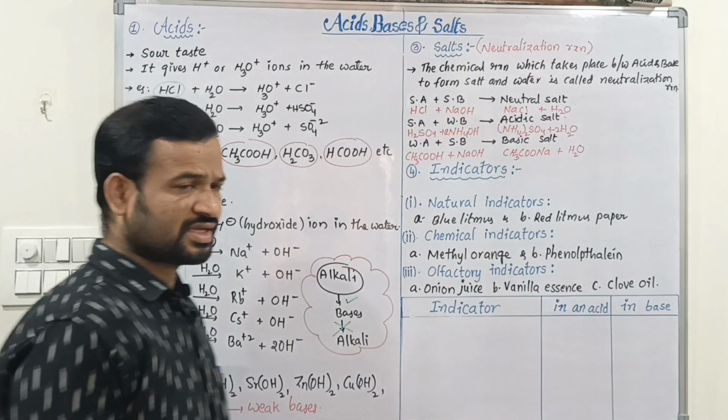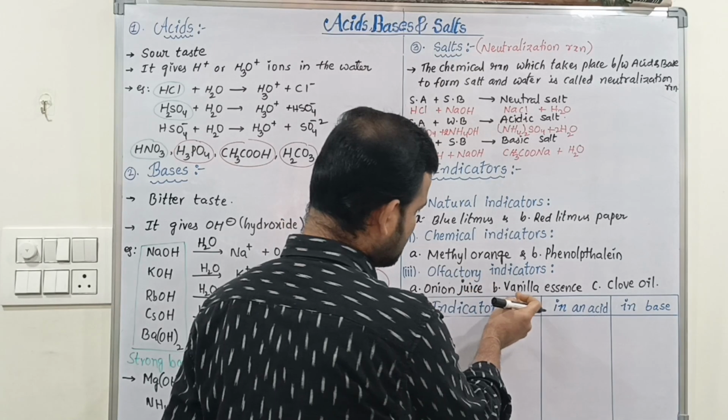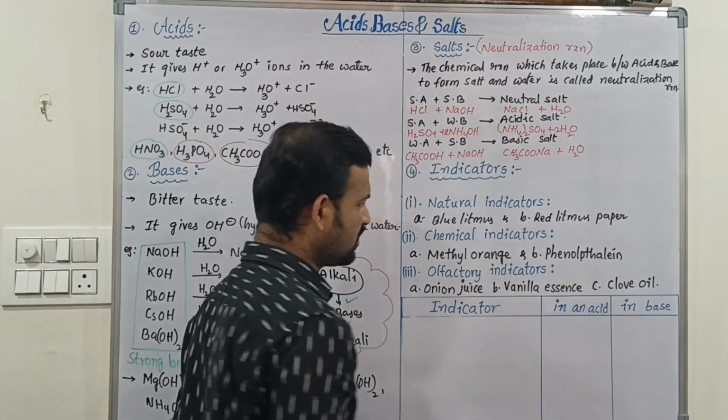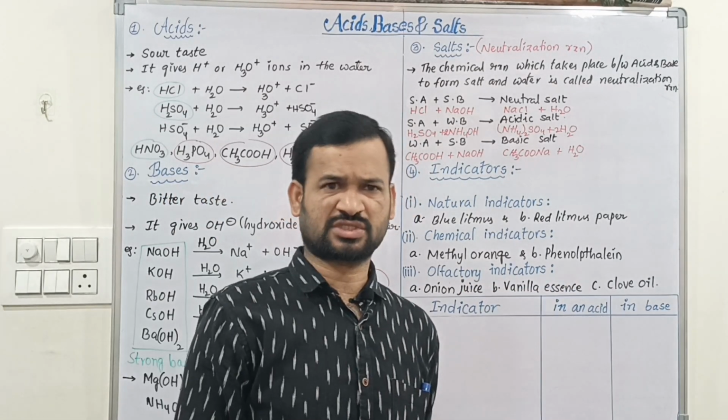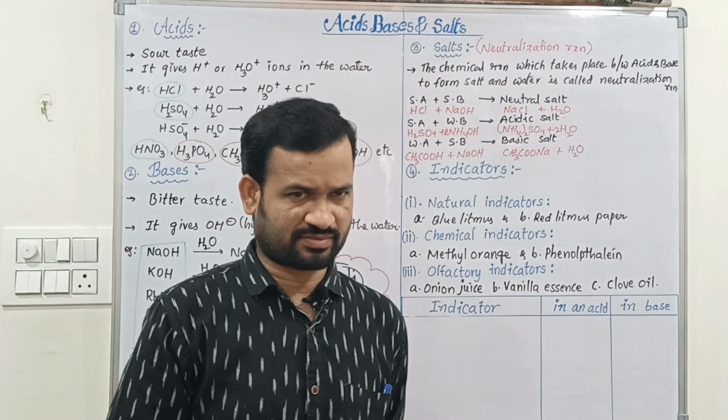These three are given in the textbook: onion juice or onion chops, vanilla essence, and clove oil.